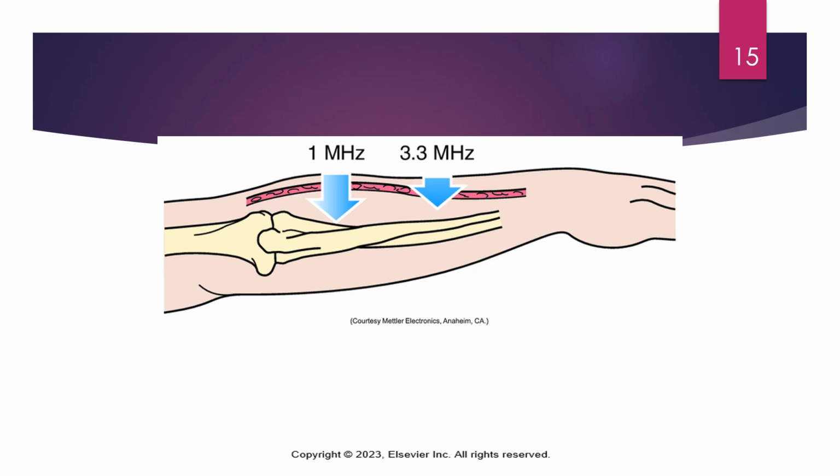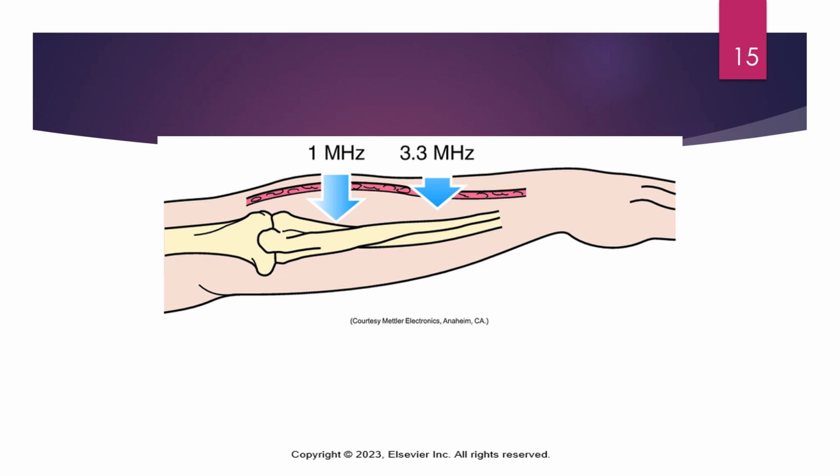You could also go through the muscle belly on the more lateral side of the forearm, maybe through the ECRB, the brachioradialis. But if you did that, you would have to set a deeper setting, these low frequencies, the 1 megahertz, to get through all of that muscle tissue.